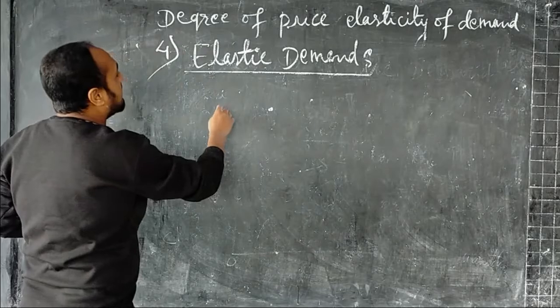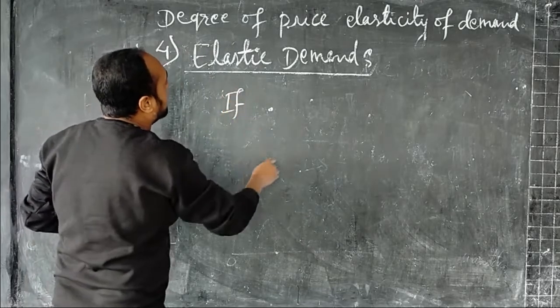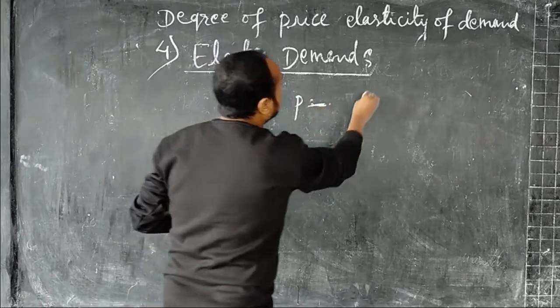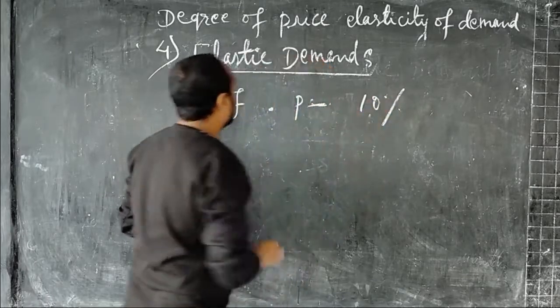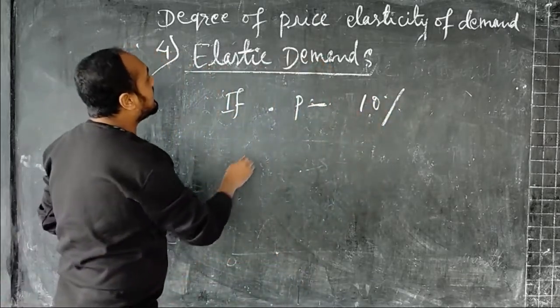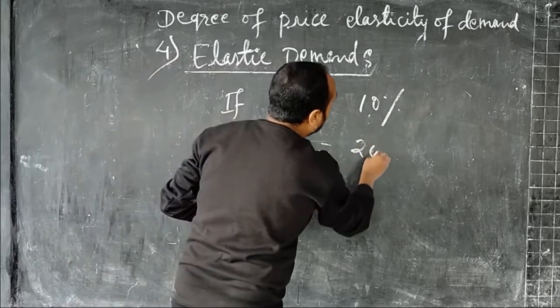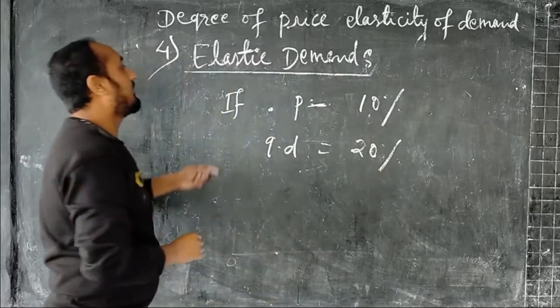This means that if the price is changing by 10%, but the quantity demand changes by 20%. Once again, please listen.